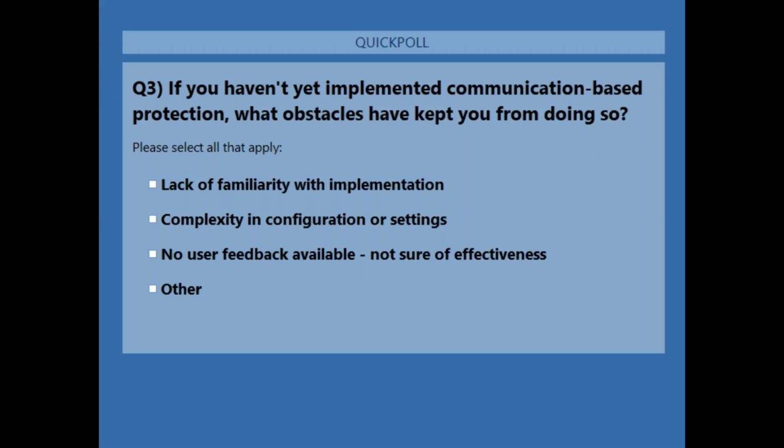Yes, and Brittany, this is a select-all-that-apply type question. So there may be a few reasons why you have not implemented communication-based protection, so feel free to click more than one if that happens to be your case.